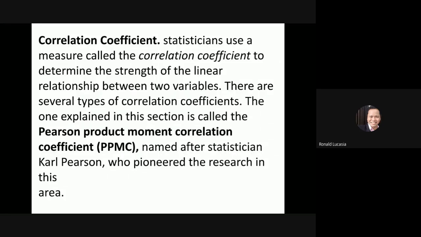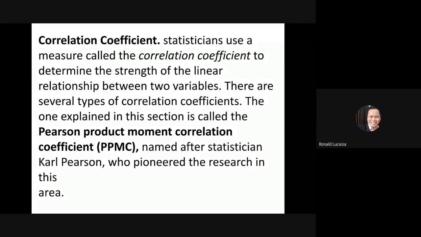As mentioned, we have the Spearman rho, the Pearson R correlation, and the chi-square. Those serve different problems and different research. The one explained in this section is called the Pearson product moment correlation, or the Pearson R, named after the statistician Karl Pearson, who pioneered the research in this area.